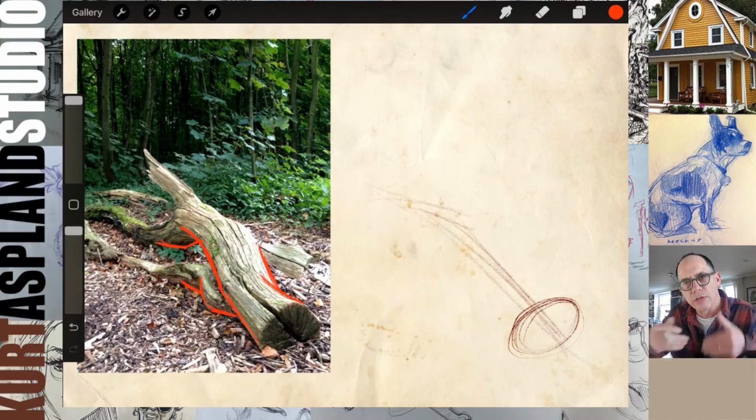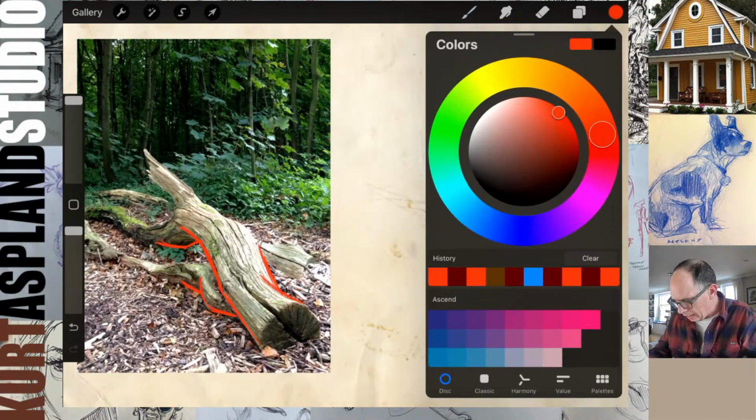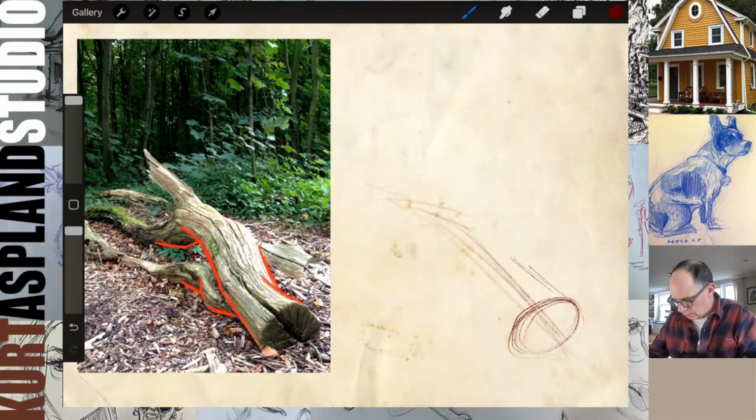Because it's interesting, it's coming towards us. So let's draw that out right there. So this log is going to come like this, and I'm going to just keep it light here. Now it's going to come around like this. There's another overlap.